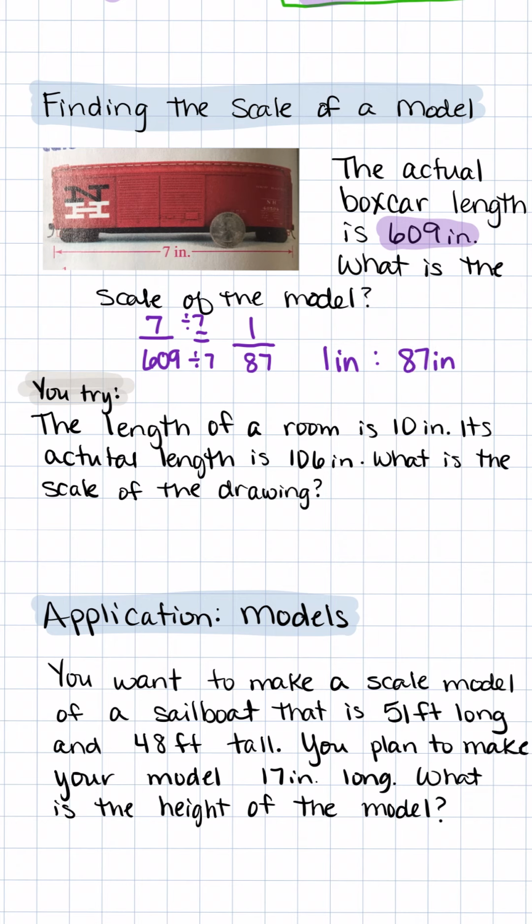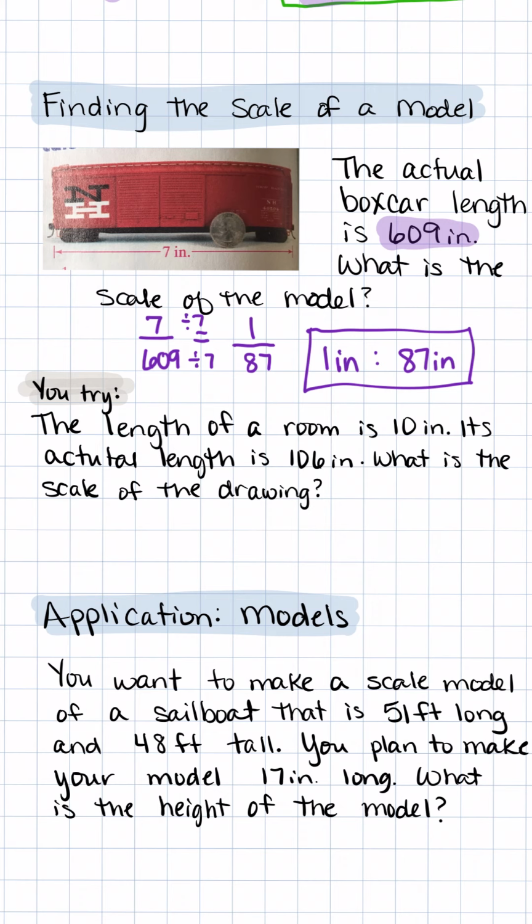That's the ratio. So no matter how many inches the boxcar is, you can figure out what the actual is. This is the scale, which would be on the bottom to tell us how big something actually is.